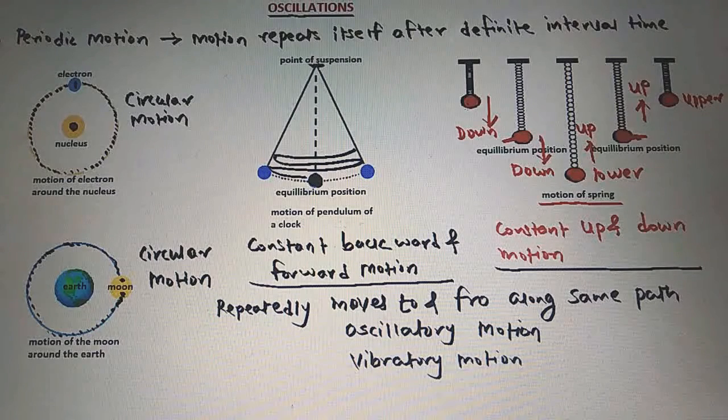The motion of a pendulum and the motion of a spring are oscillatory or vibratory motions, and the motion of an electron and the motion of the moon are circular motions here. Both oscillatory motion and circular motion are periodic motions.